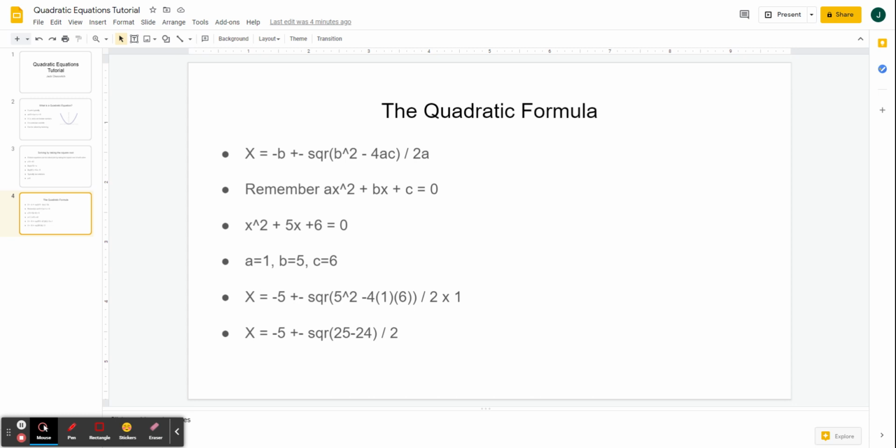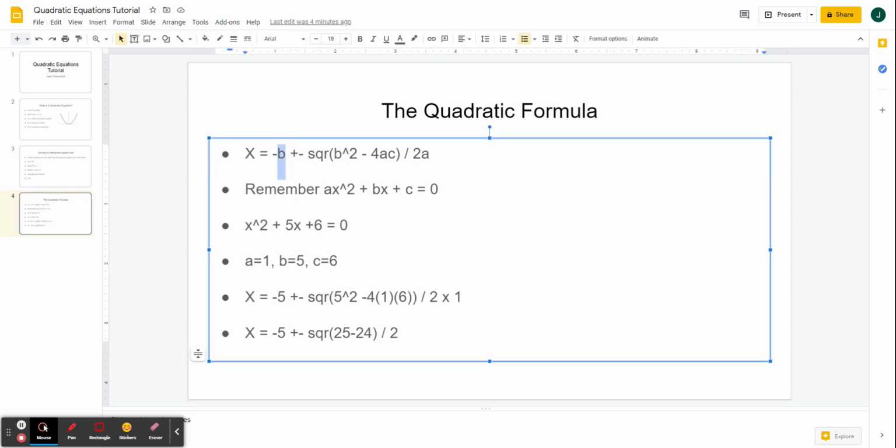This is important because in this quadratic formula, we see letters like b, a, and c, and these will just be plugged in from the actual quadratic equation that you're given. So a is the one that has the x squared next to it, b is the coefficient of x, and c will be your constant.